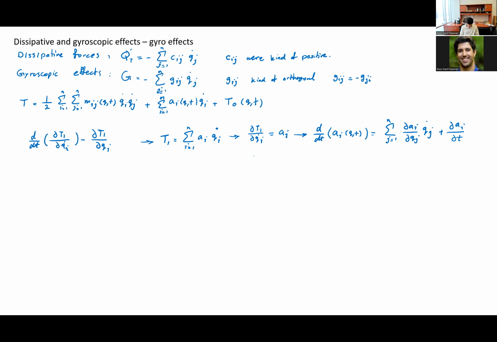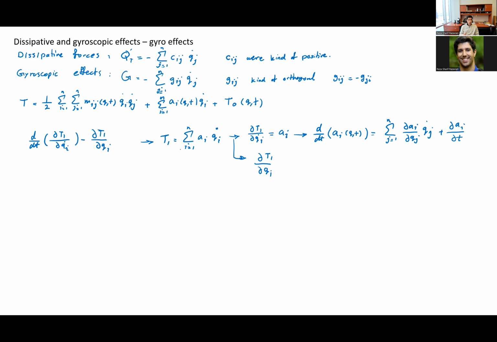The next one is partial T1 partial qi. So what I can do is just change the index for this, change it to j because that makes things easier, and then take the derivative with respect to qi. So in that case, q dot j is just something on its own.